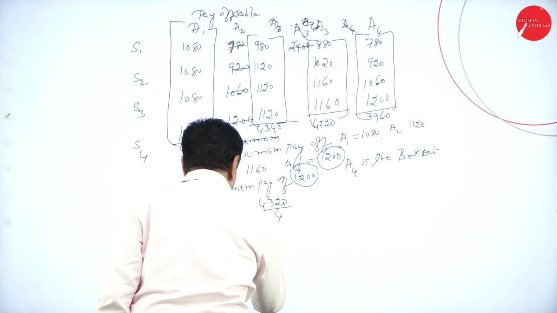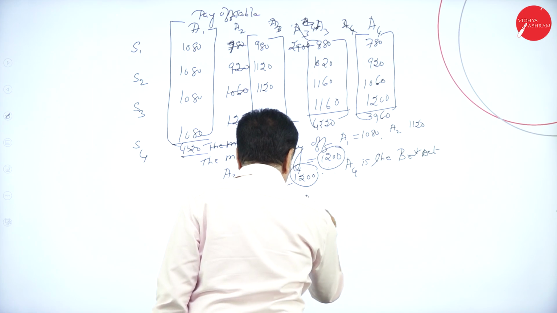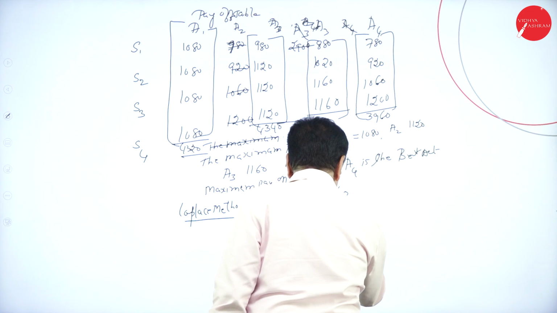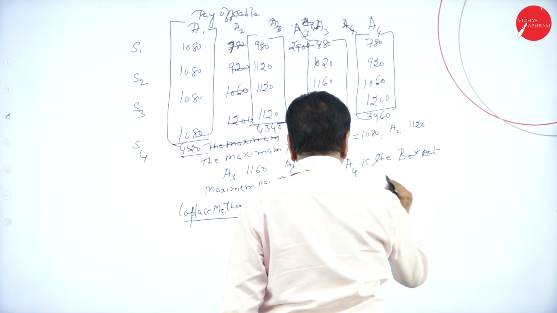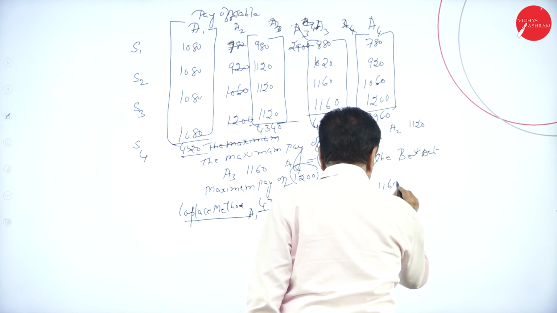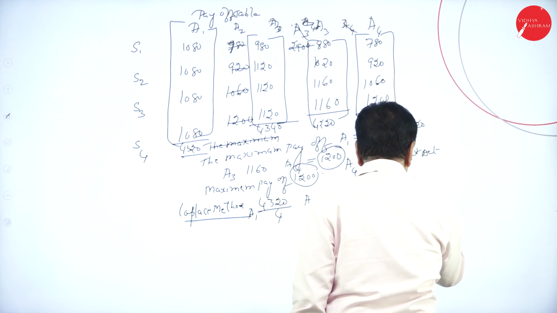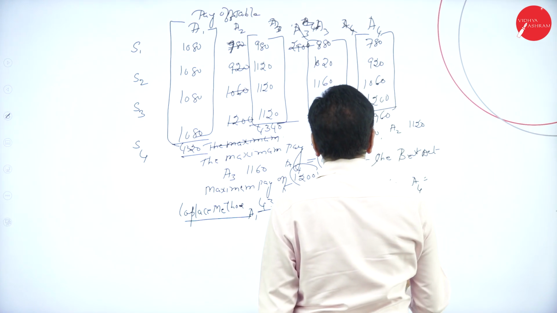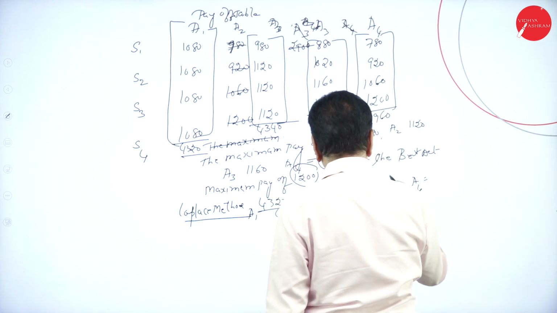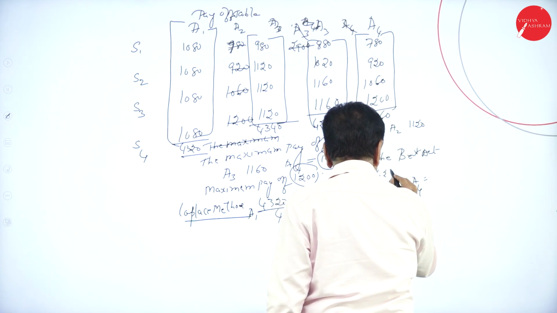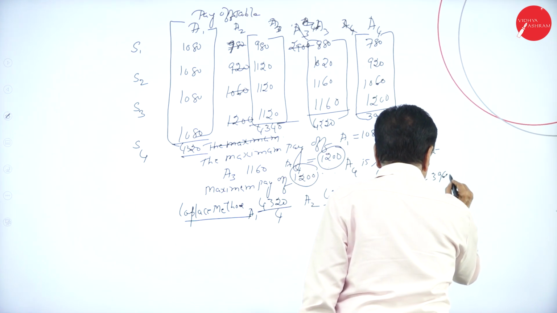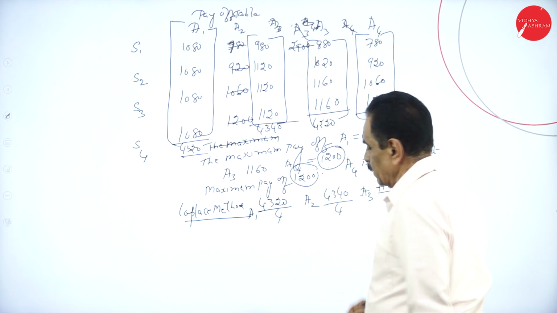This belongs to A1, A2, 4340 divided by 4, A3, 4220 divided by 4, A4, 3960 divided by 4.